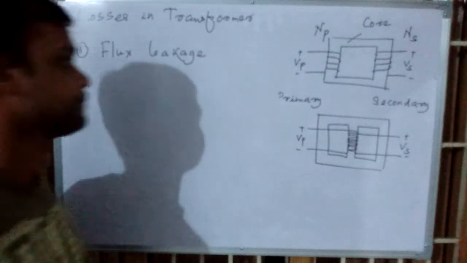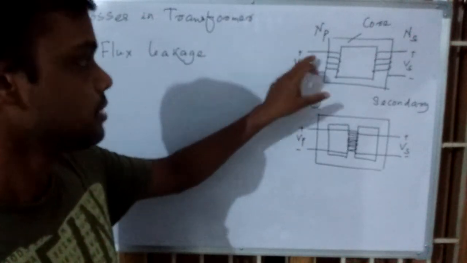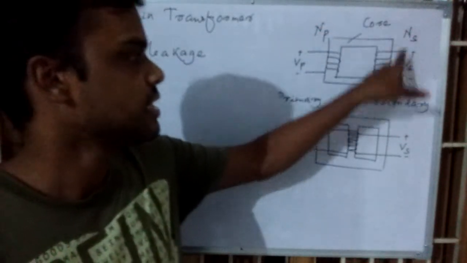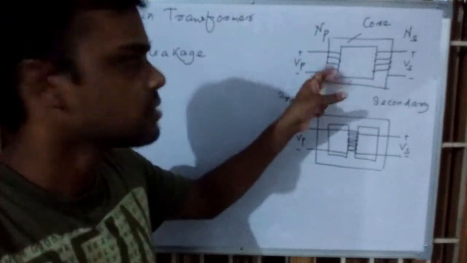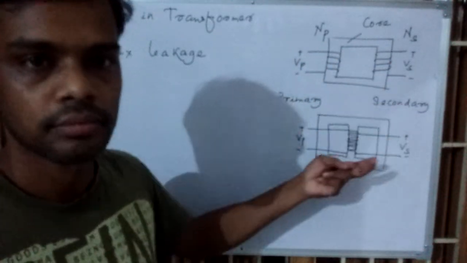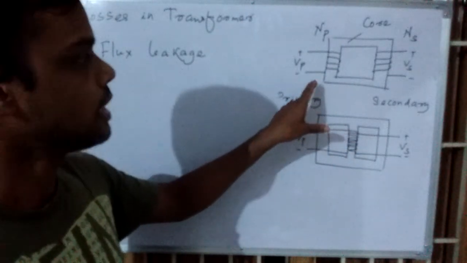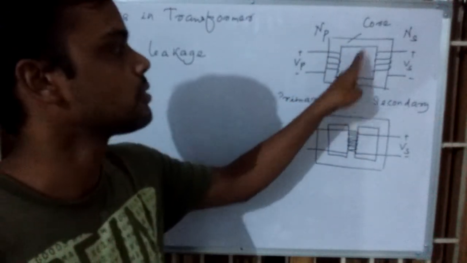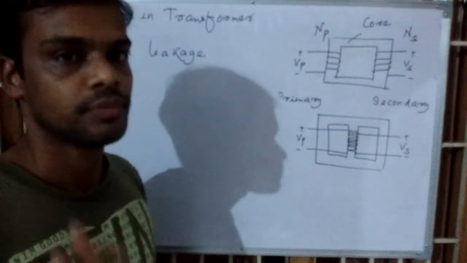Flux leakage. Now see, we are applying current at a voltage at the input. Flux is linking the secondary, but do all the fluxes link to the secondary coil? No, of course. Some fluxes are going in this manner also. That means not always all the fluxes are coming to the secondary coil. That means this is one sort of loss.